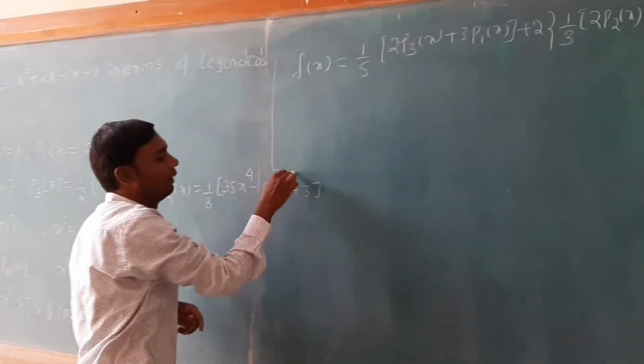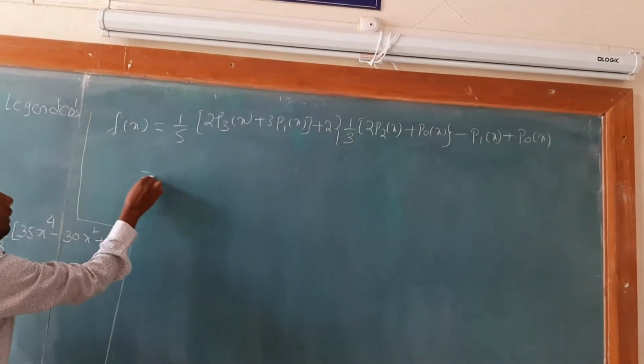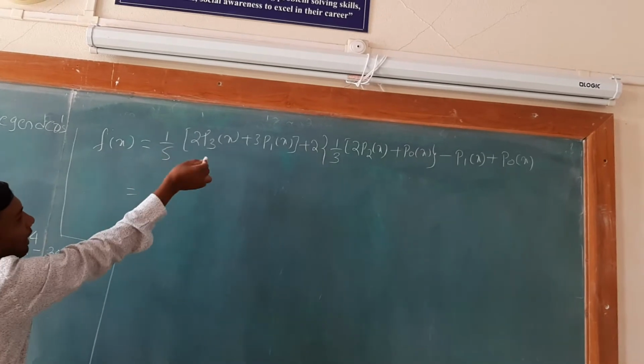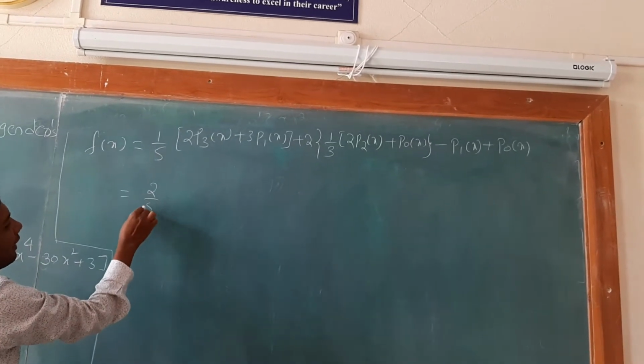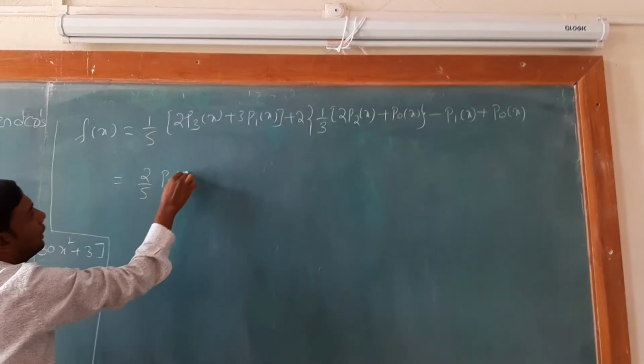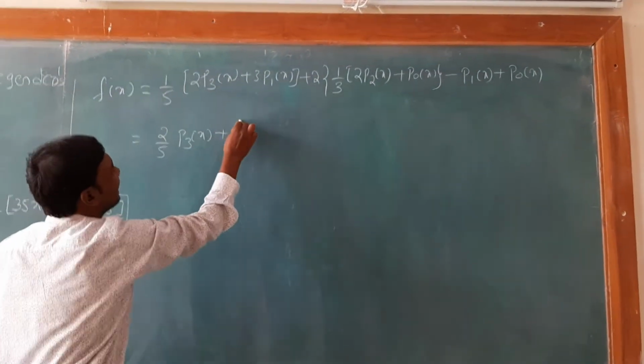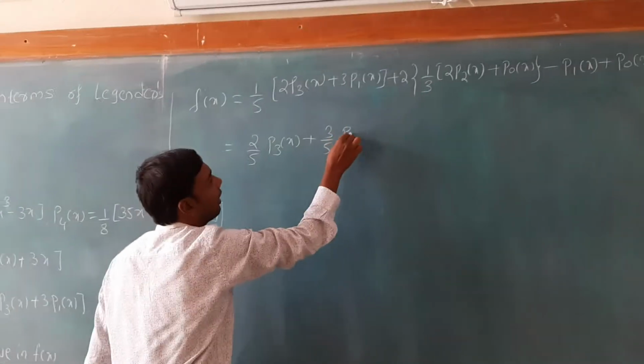Then simplify the function. 1 by 5 multiplied, we get 2 by 5 into P3 of x plus 3 by 5 into P1 of x.